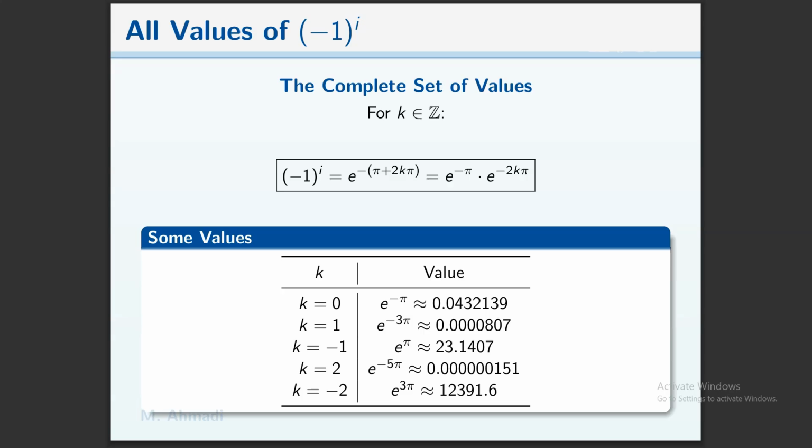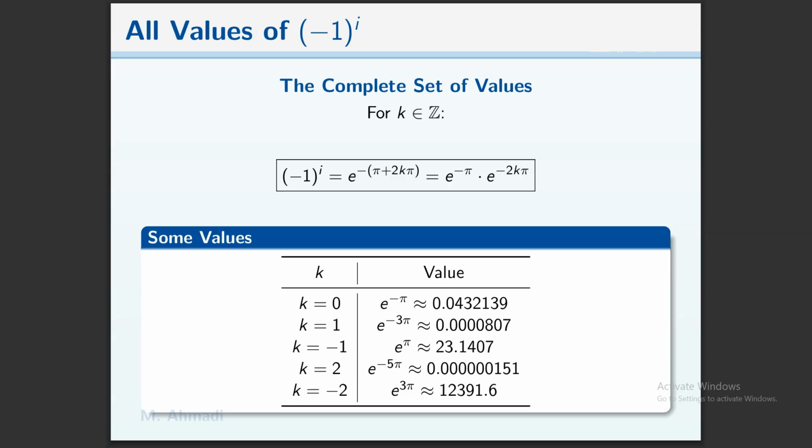For k equals 1, we have e to the minus 3 pi, approximately 0.0000807. For k equals minus 1, e to the pi equals 23.1407.